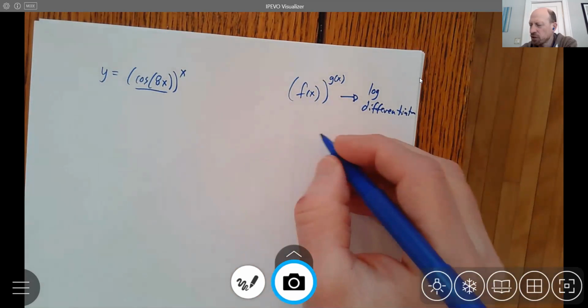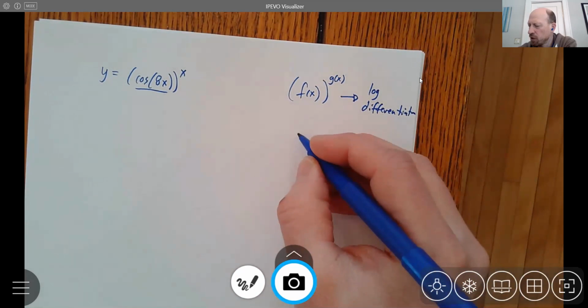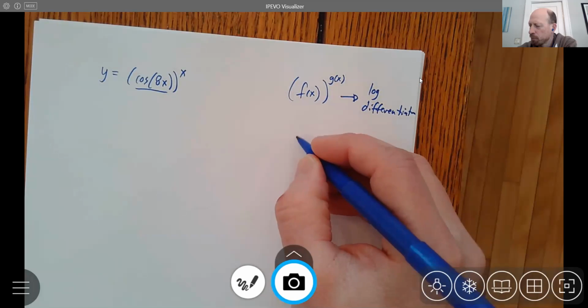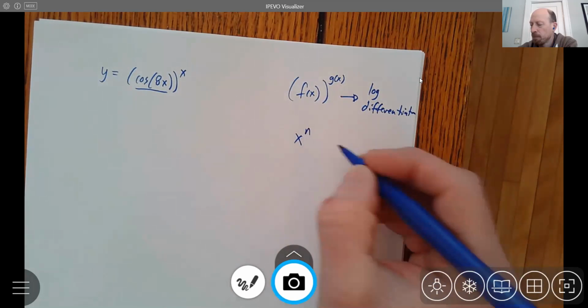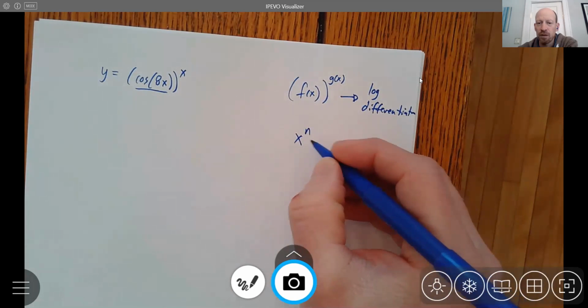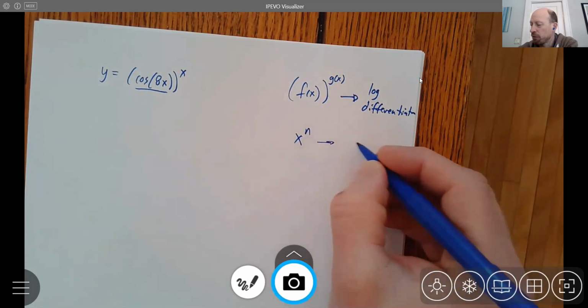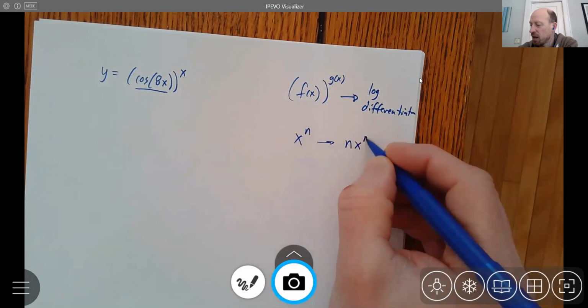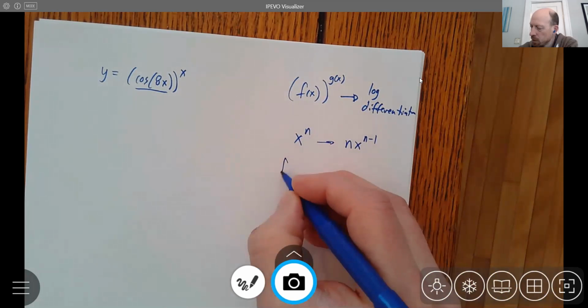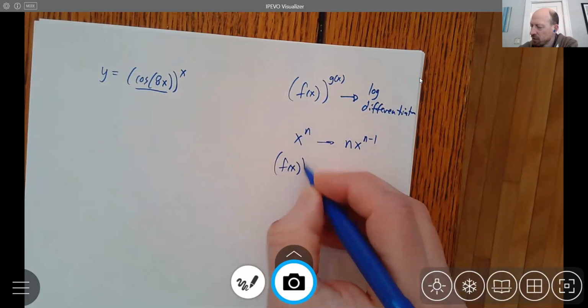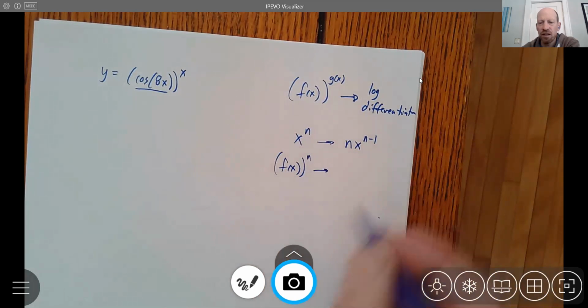So some other functions that you would have seen before: x to the n. This is just a regular power function, right? That's nx to the n minus 1. Then f of x to the n.